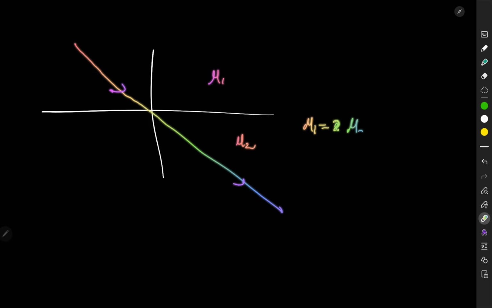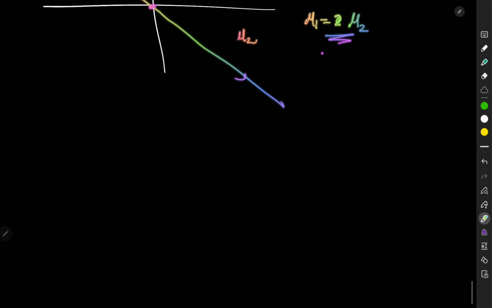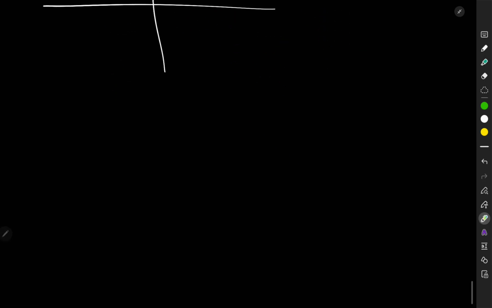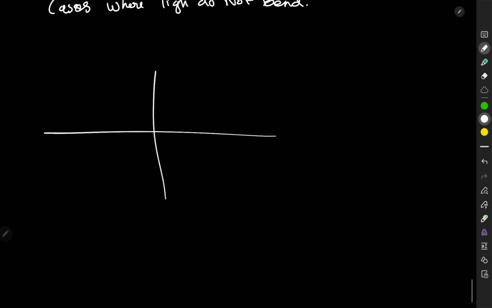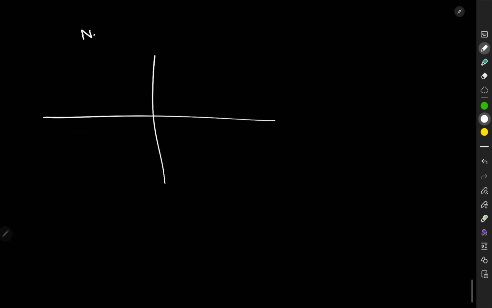In that case only the light ray doesn't bend. Or there can be another case also: in case of normal incidence, where you incident perpendicularly, the light ray also doesn't bend.